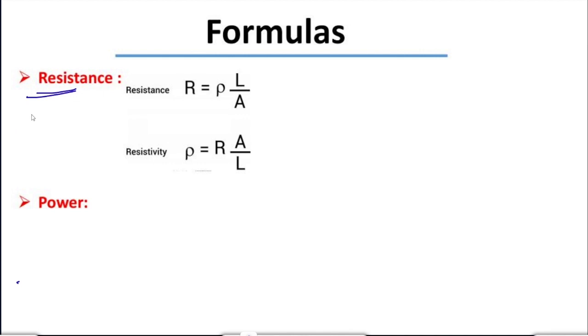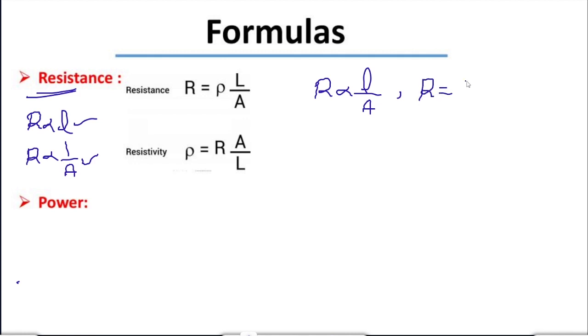So this resistance is directly proportional to the length of the conductor, and it is inversely proportional to the area of the conductor, right? You need to know these two relations as well. These two relations are combined here, and we can write R is directly proportional to L by A. Then we get a proportionality constant, R is equals to rho L by A. This rho is nothing but resistivity.